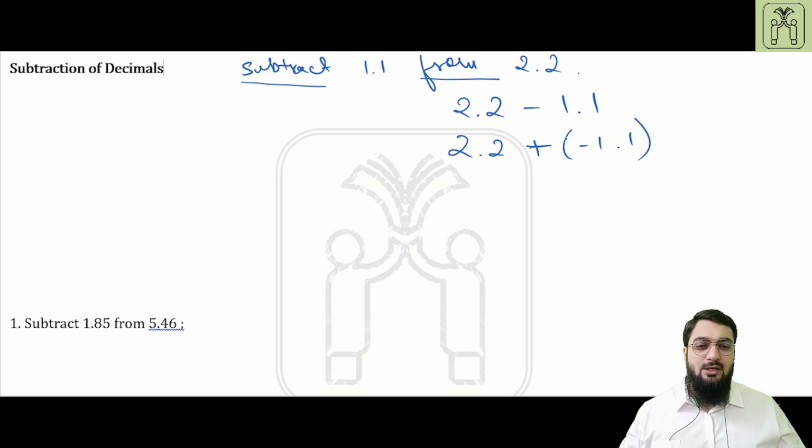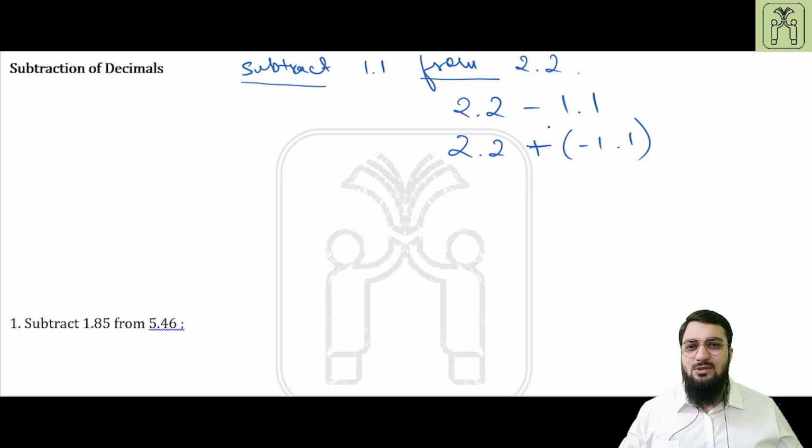So plus and minus will make a minus. So it can also be written as 2.2 plus of minus 1.1. That is what I am trying to say, that subtraction of decimals can also be interpreted as addition of a negative decimal.